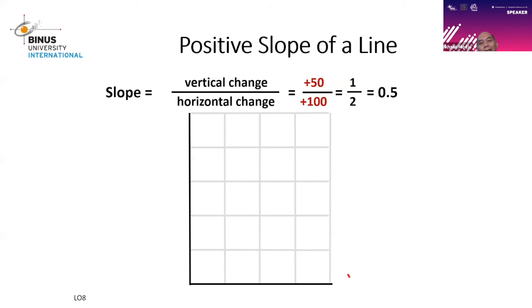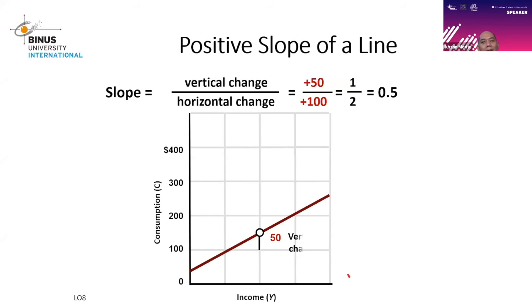Jadi tadi kayak saya udah jelasin ya. It's basically the vertical change divided by the horizontal change. Always. So it's gonna be delta y divided by delta x. Remember, it's always not gonna be consistent.